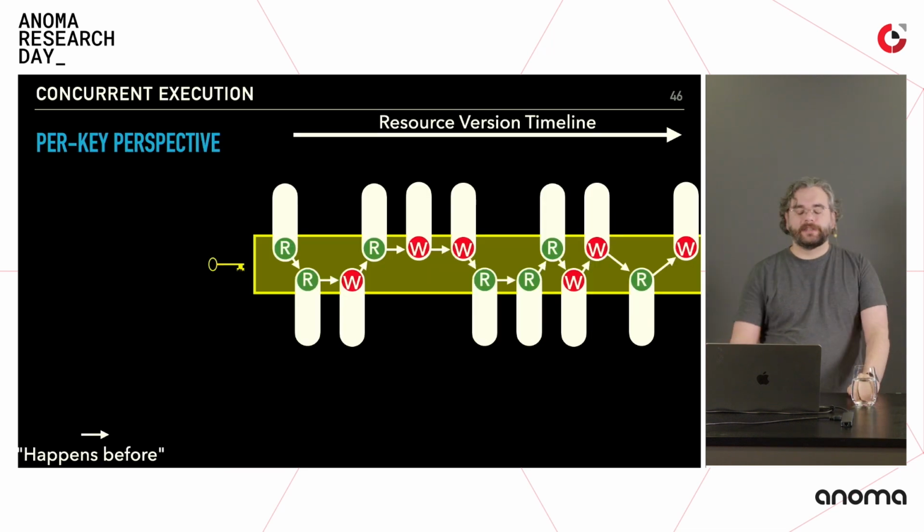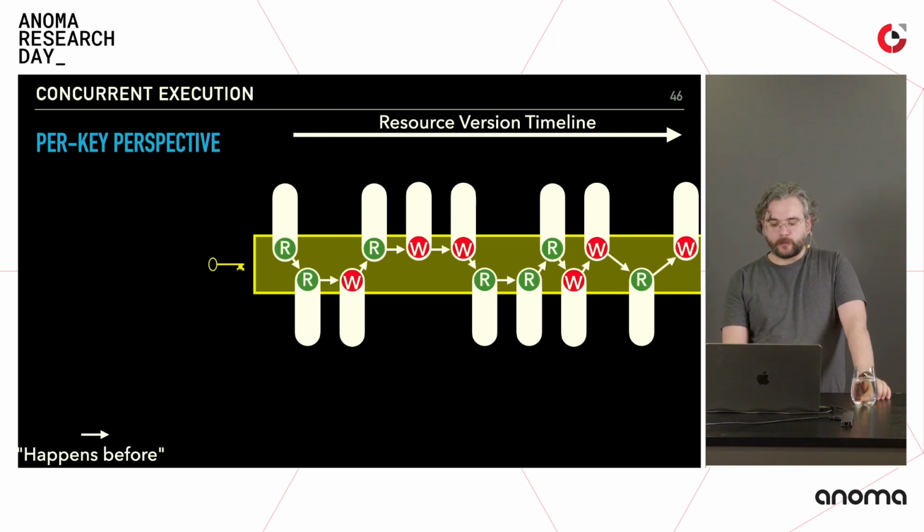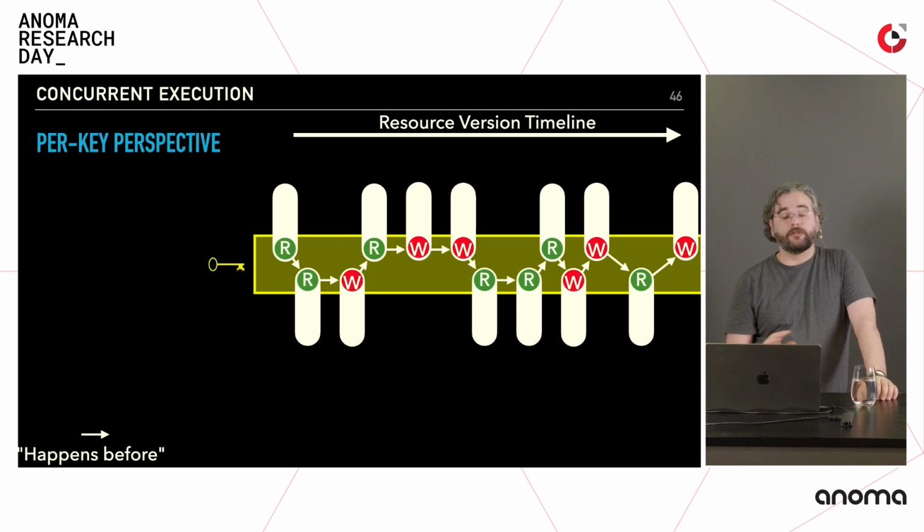So let's think about how that state is actually stored. We'll start by looking at this from the perspective of one state key in the execution engine. Now there are some known transaction candidates which read or write the resource stored at this key, or the value stored at this key. Now it's totally fine for a transaction candidate to read and write the same value.